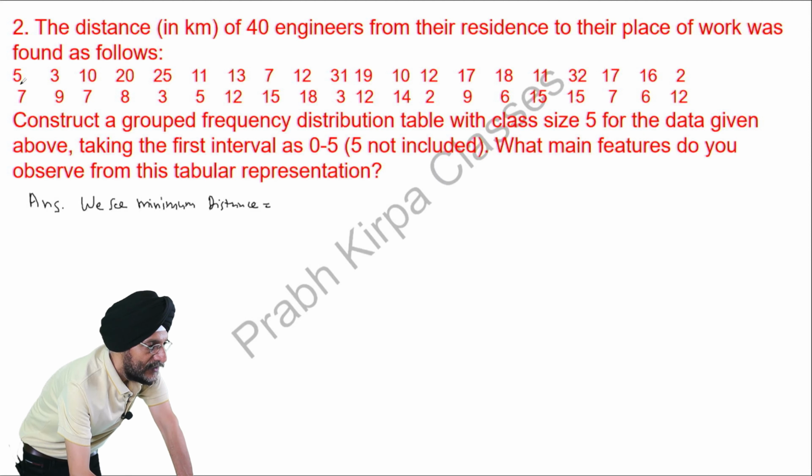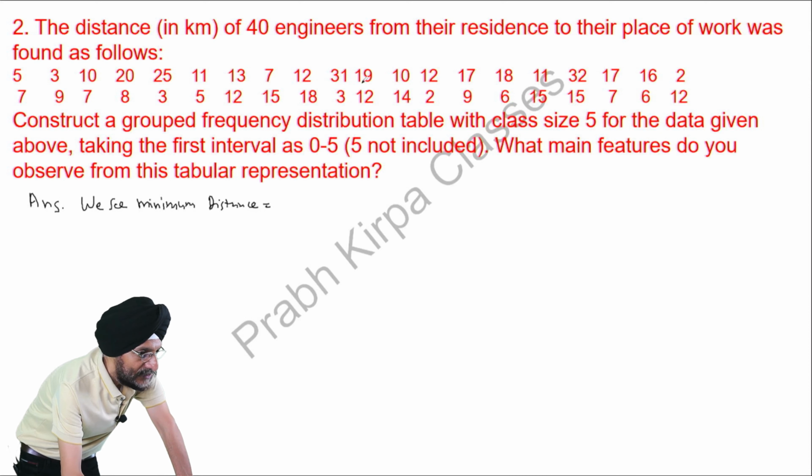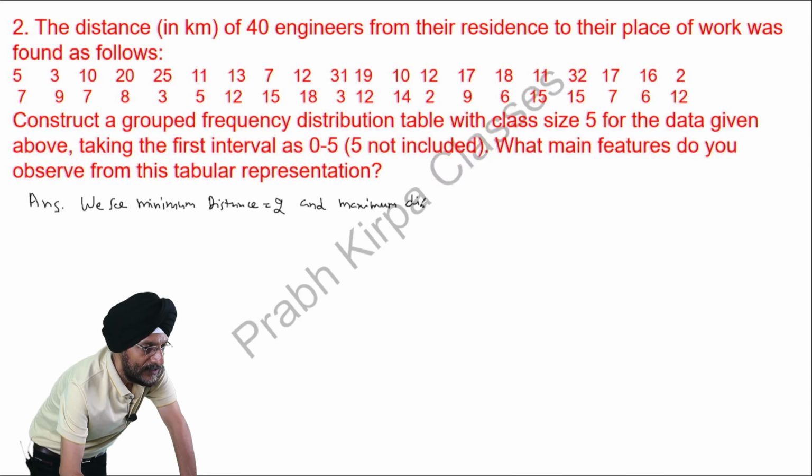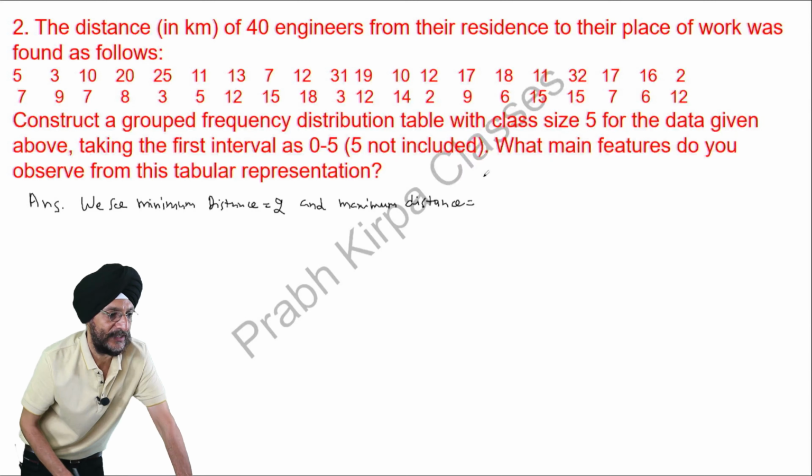Minimum distance: first we see 3, 3, 3, 3, 3, 3, 3. Anything less than 3, this is 2. Anything less than 2, no. So the minimum distance is 2, and now the maximum distance. You might ask why we are mentioning maximum or minimum distance.